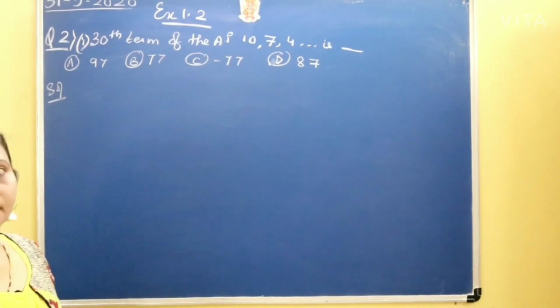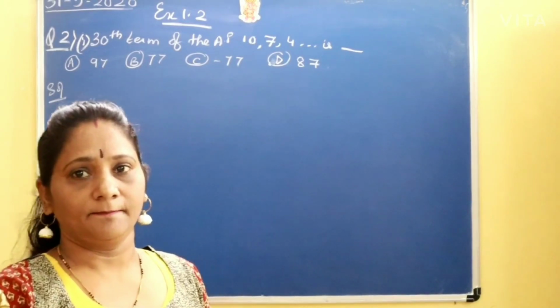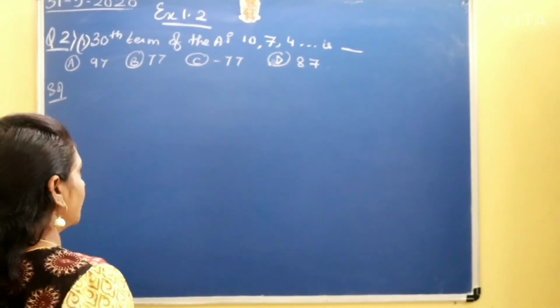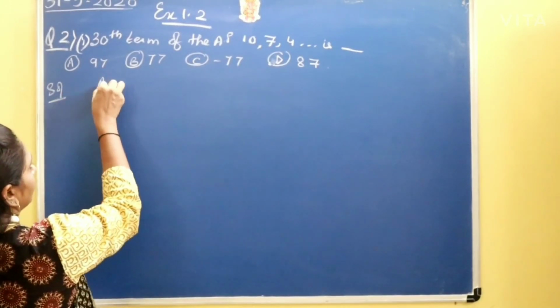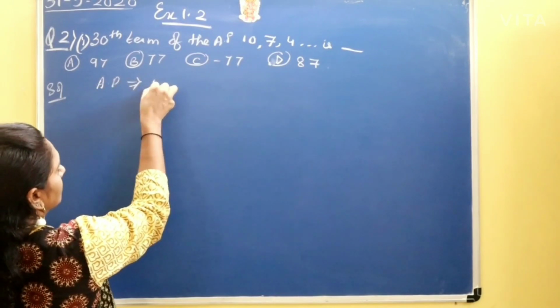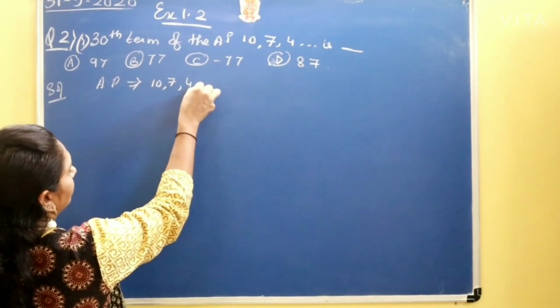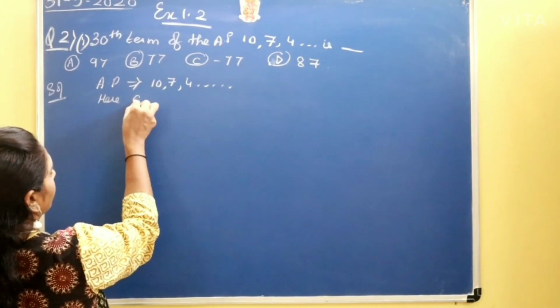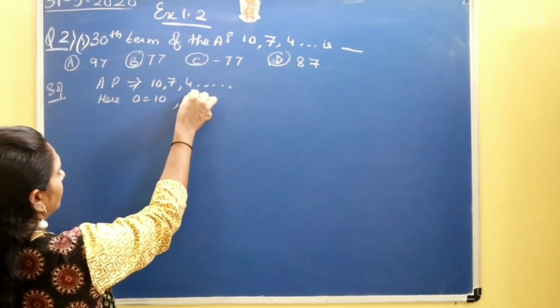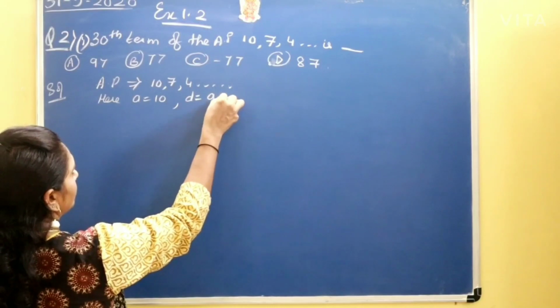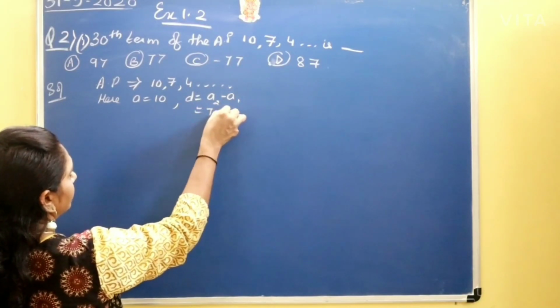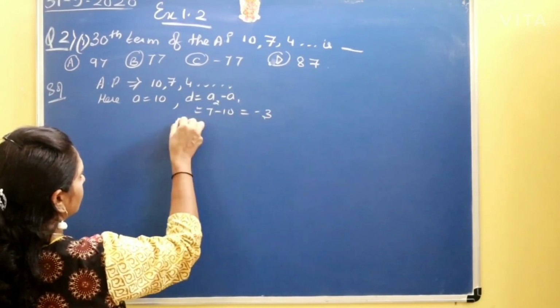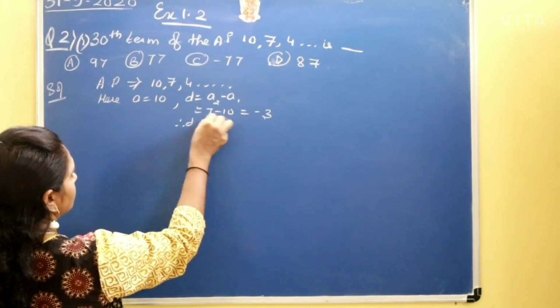Coming to the solution, the given AP is 10, 7, 4 and so on. So here A is equal to 10, D is equal to A2 minus A1, that is 7 minus 10 equal to minus 3. Therefore D is minus 3.